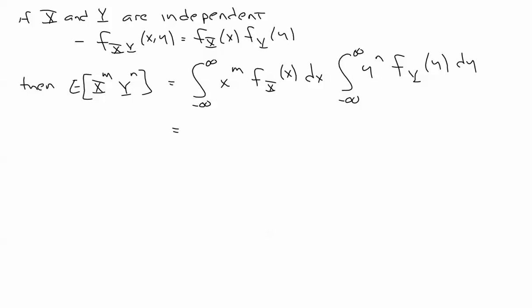And that is simply the expected value of x raised to the mth power times the expected value of y raised to the nth power.